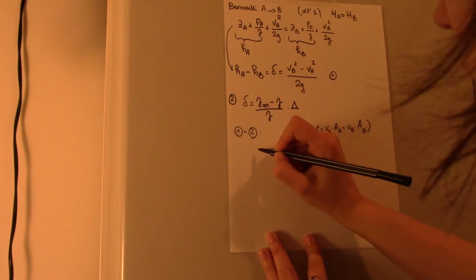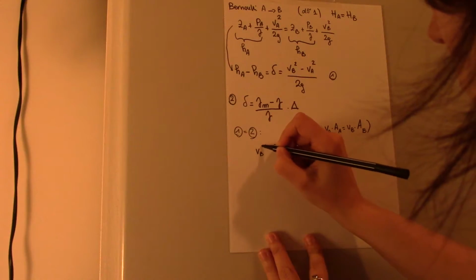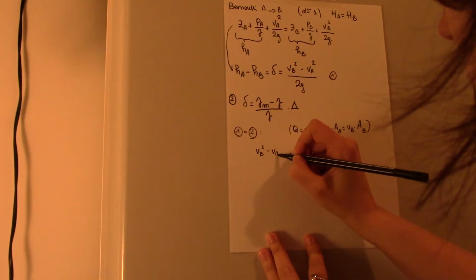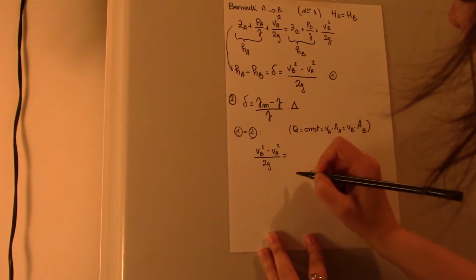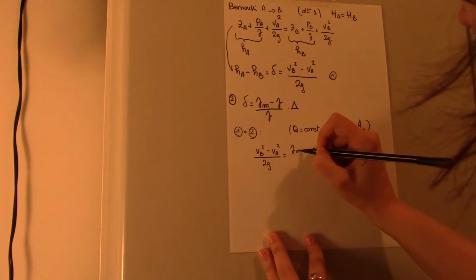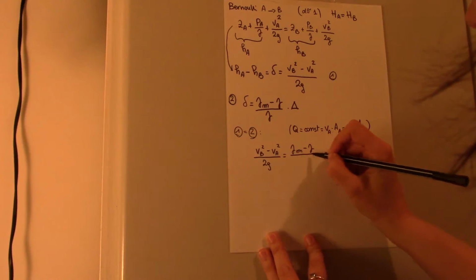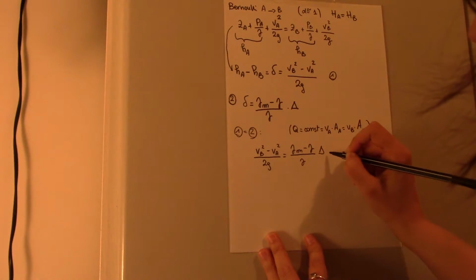We will get VB to the power of 2 minus VA to the power of 2 over 2g equal to gamma m minus gamma over gamma delta.